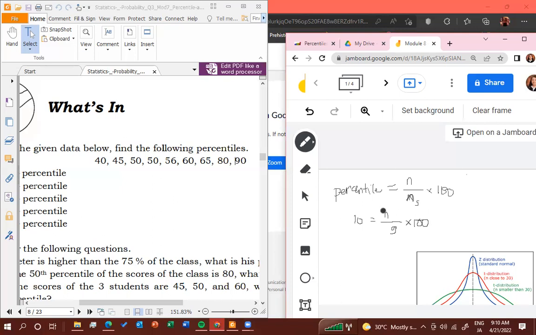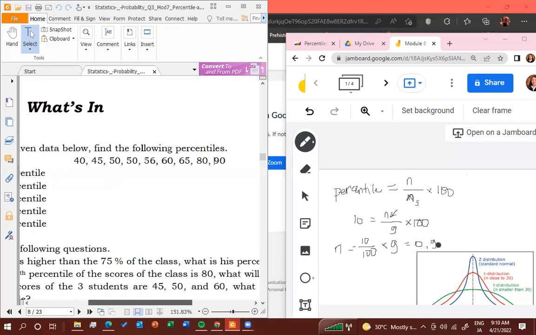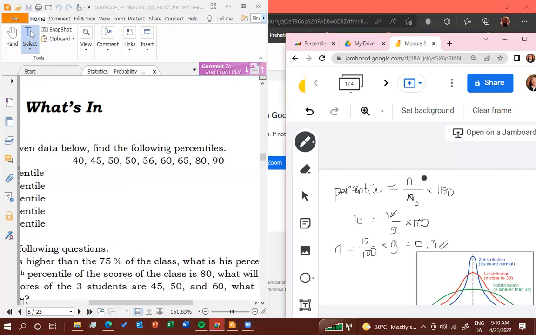When you solve for n, it is 10 over 100 times 9, which gives 0.9. This means the number of data points below that certain number.